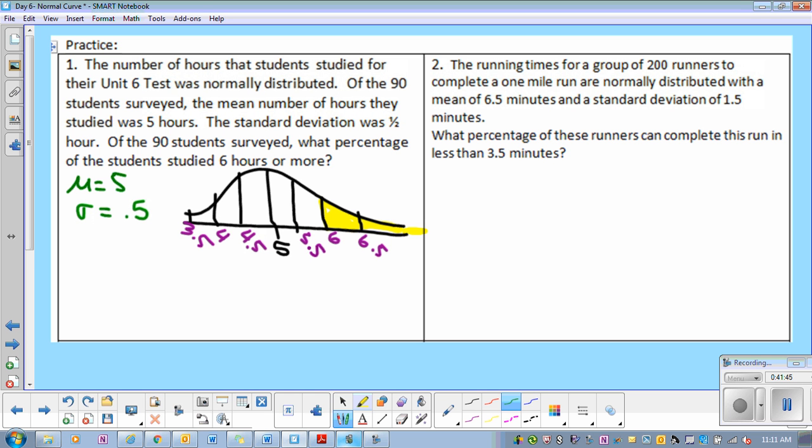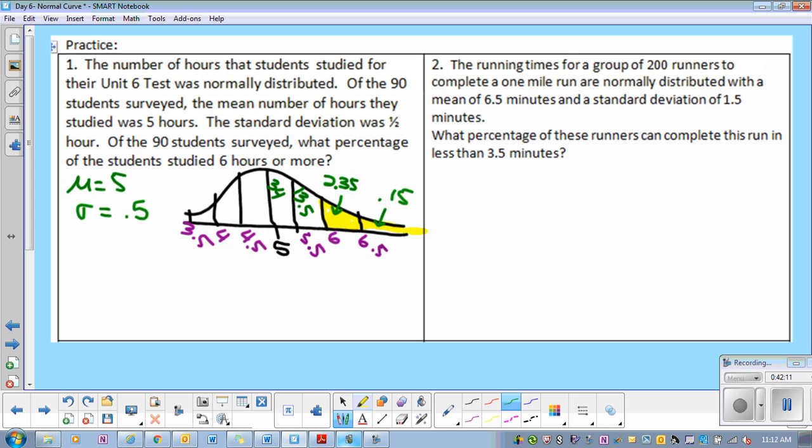So this is 34. This is 13.5. This is 2.35. This is what? Wait a second, hold on. 1, 2, 3. Then that's 0.15, isn't it? That was the outlier right there, 0.15. Yes?